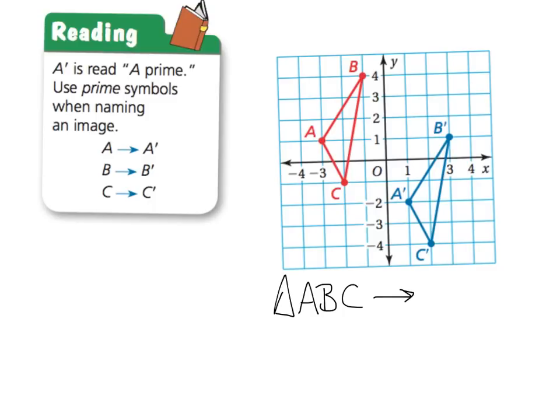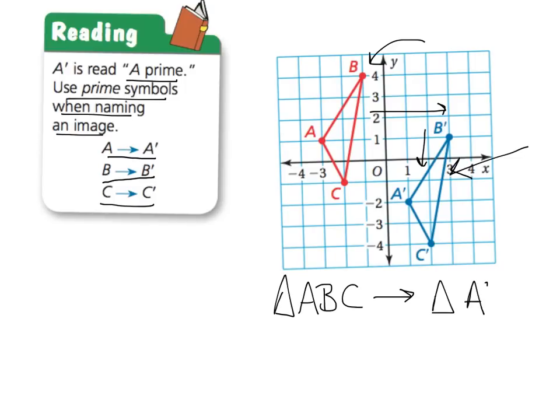After you translate it, the image is read as A prime. Use prime symbols when naming an image. So A becomes A prime, B becomes B prime, and C becomes C prime. So triangle ABC would slide to the right and then down to give us the image triangle A prime, B prime, C prime.